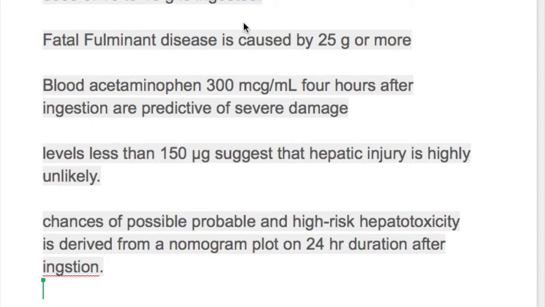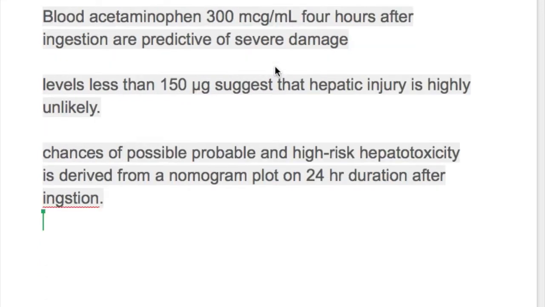But in chronic alcoholics, the toxic dose is much lower. A heavy dose of 10 to 15 grams when ingested causes centrilobular hepatic necrosis. A fatal fulminant disease is caused by 25 grams or more.